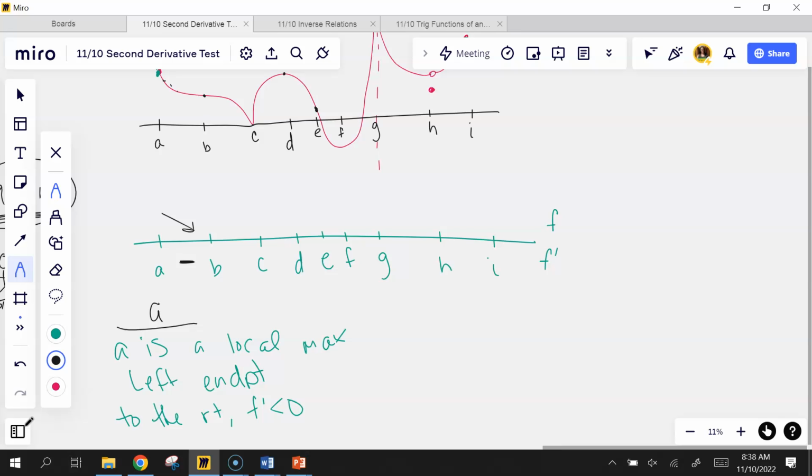I'm opening up, and now I'm opening down. This is the point where I'm changing. It's still negative because I'm still decreasing, but B is a special point. It's not an extrema, but I know something's happening. I know it's not an extrema because my derivative does not change signs.